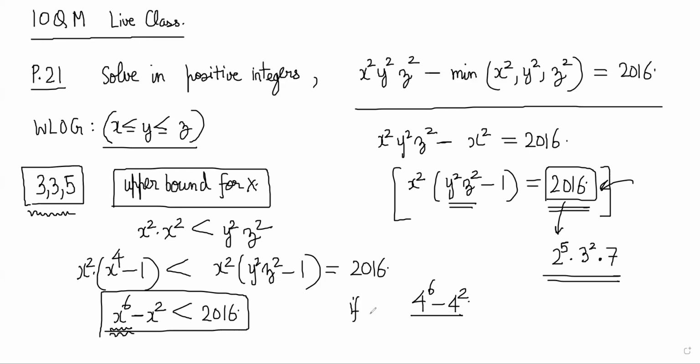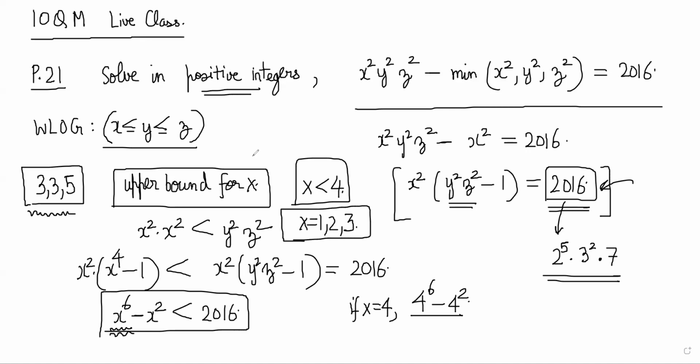If x was 4, this inequality is not true. So that means x cannot be 4. Obviously, if you put x as 5, it will become even more untrue, right? Yes. So basically from here, we get that x is less than 4. So since it was positive integers, x can be only 1, 2, or 3, right?